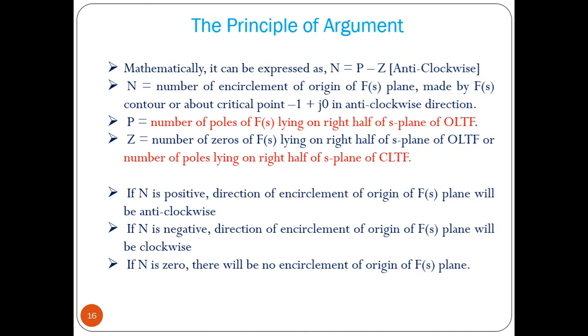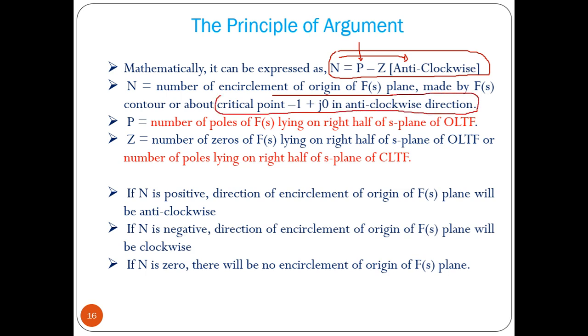So what I have already told you is that the main formula of the Nyquist stability criterion is N equal to P minus Z, where N is in the anticlockwise direction, because we are taking the poles as the highest number. Now N is the number of encirclements of the origin, or we can say encirclements of the critical point, minus 1 plus j0, in the anticlockwise direction.